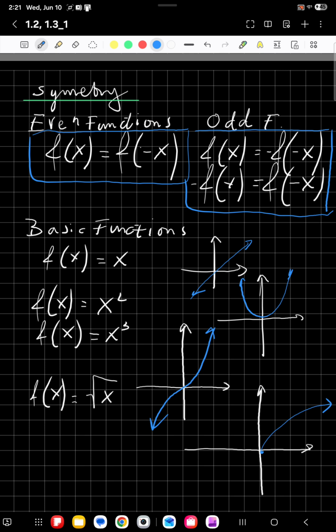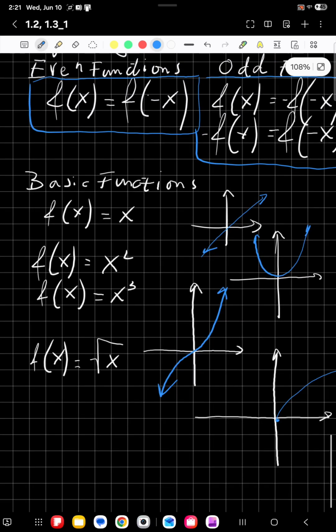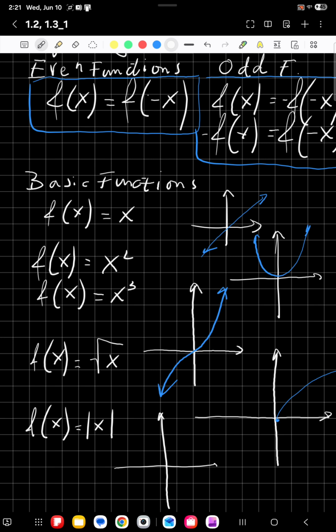And the last one, I have that absolute value. So f of x is absolute value of x. And you just saw the graph, right? So it's something like this. That's absolute value. Okay, so these are the basic 5 functions that we'll be using quite often.